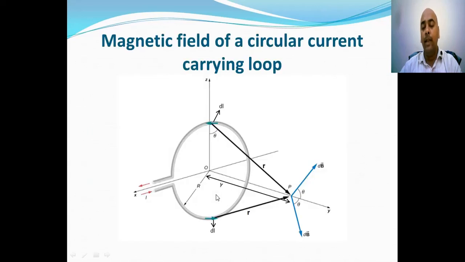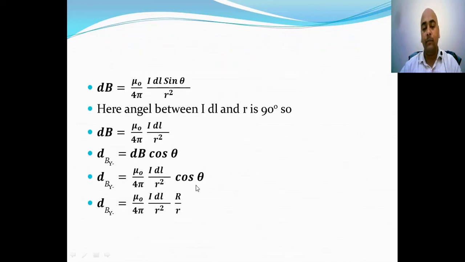From the geometry we can also find cos θ as capital R divided by small r, so we are putting in the value of cos θ.